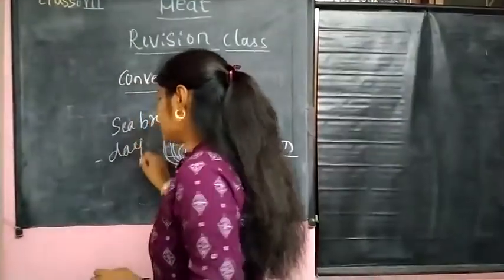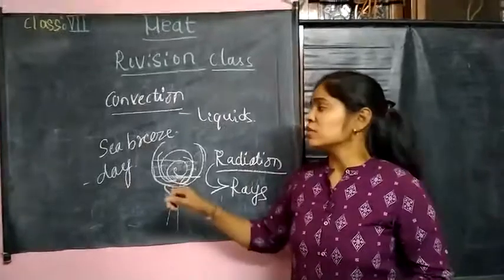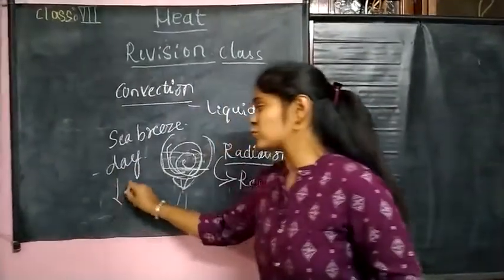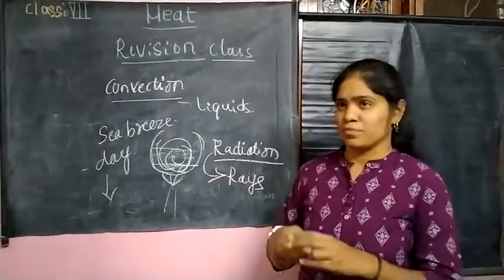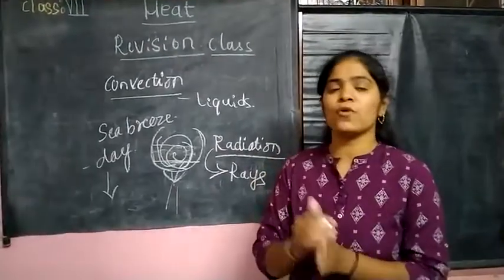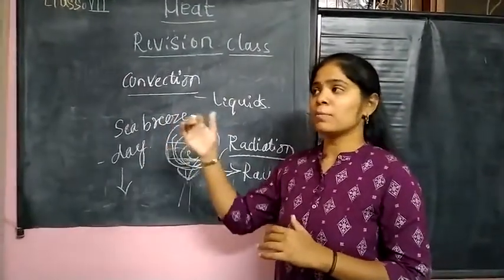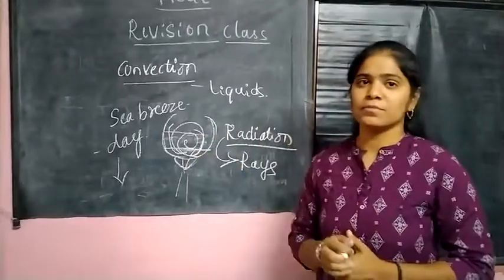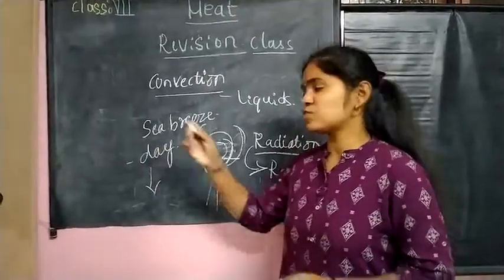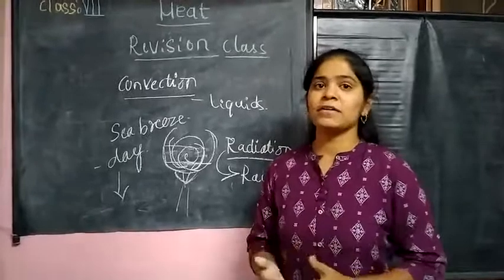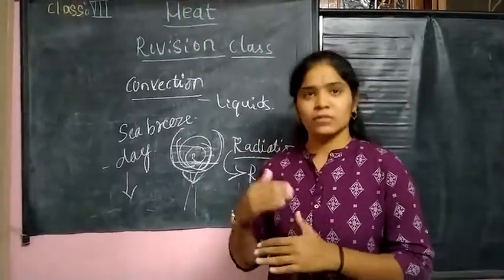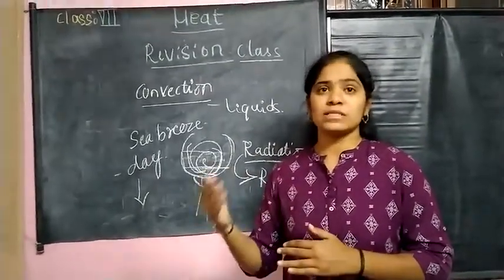Okay. So what happens in the daytime? The hotness from the sun on the water is less compared to that on the land. So during the sea breeze, what happens? The land gets heated faster than the water.